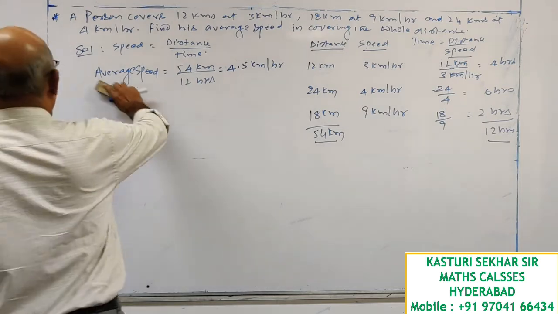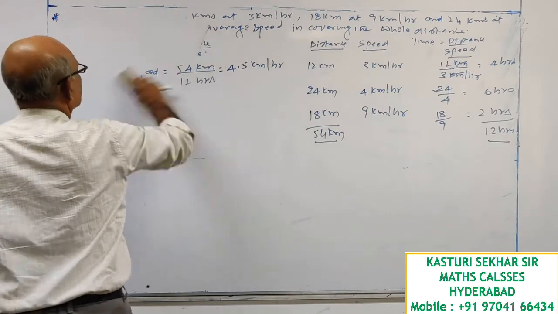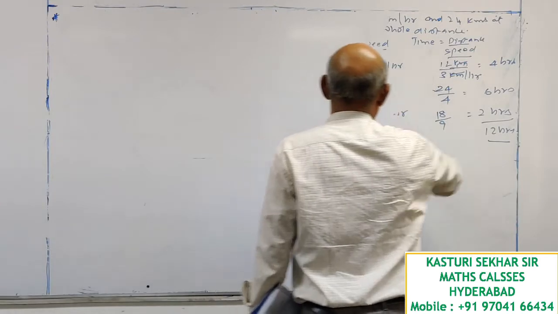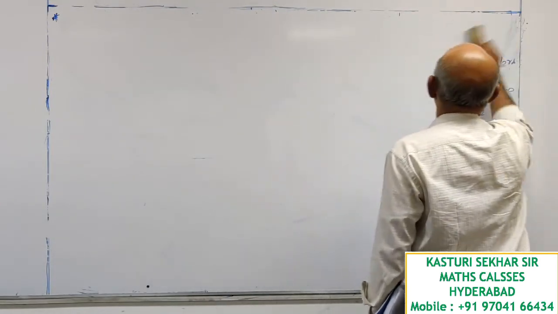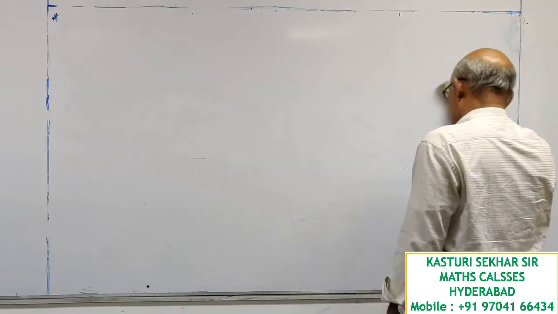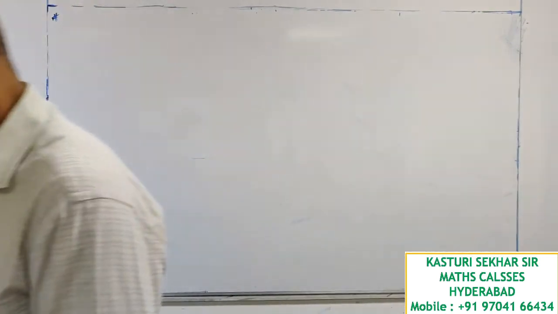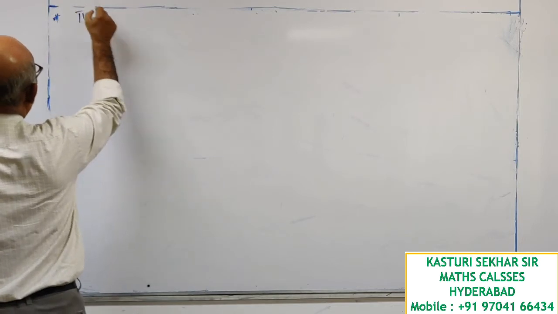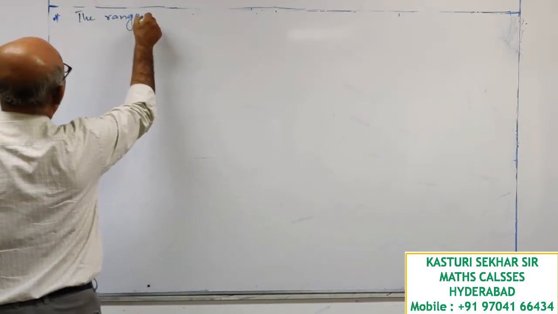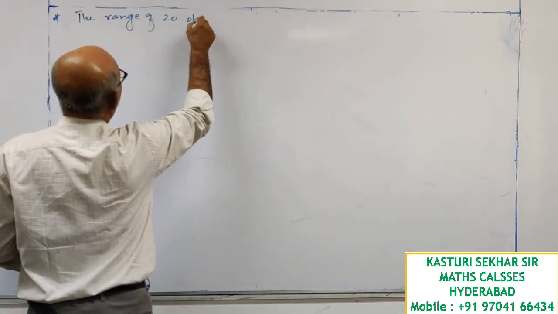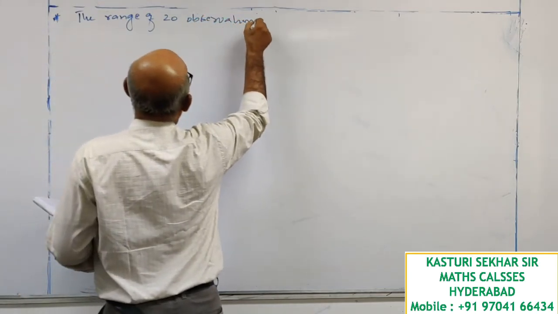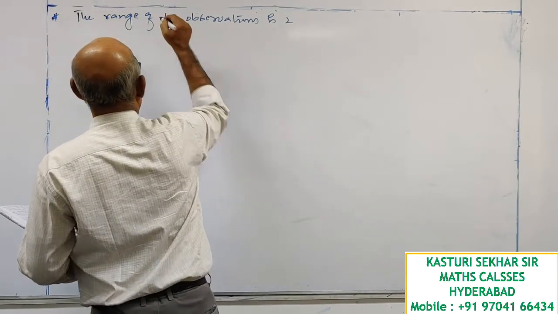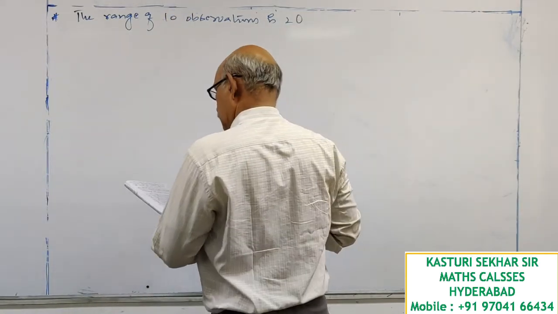Next question. The range of 10 observations is 20.